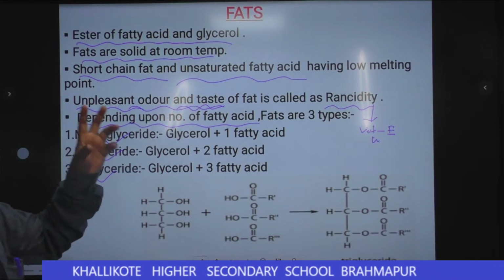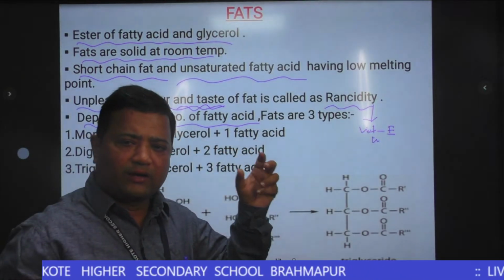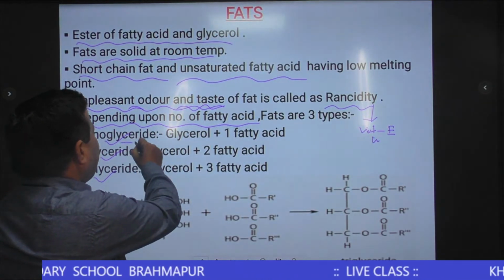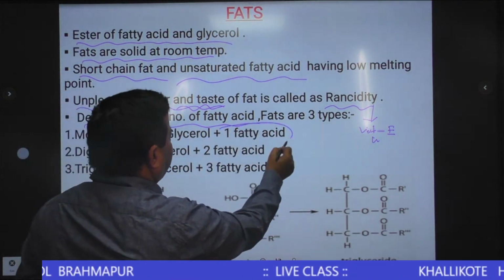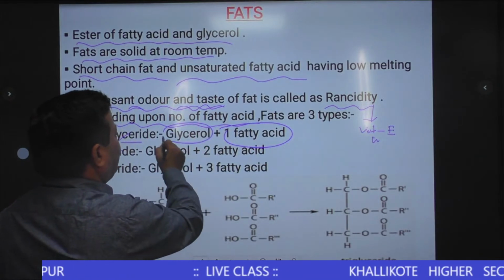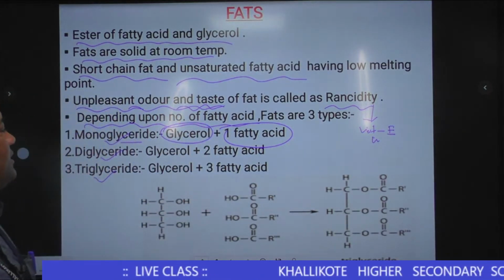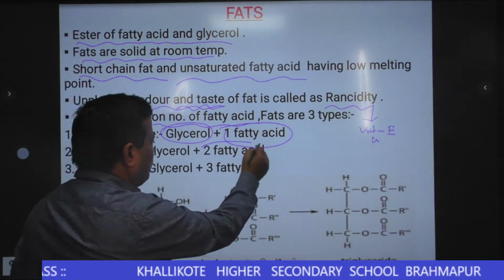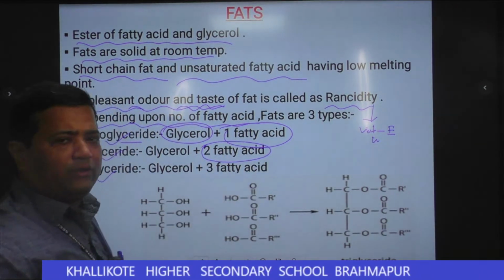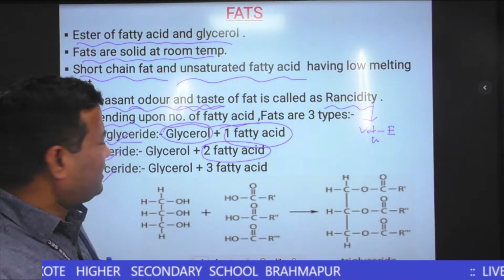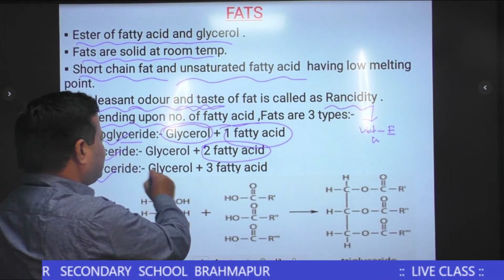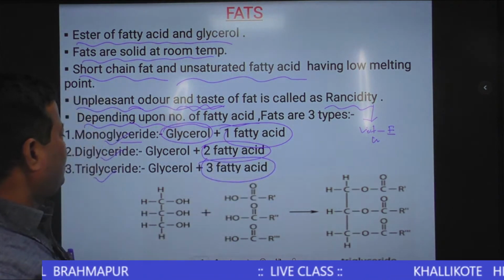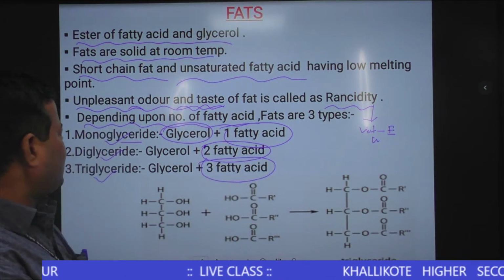If a single fatty acid is present with the glycerol, that is called monoglyceride. Similarly, when two fatty acids combine with glycerol, that results in diglyceride. Same when three fatty acids combine with glycerol, that results in triglyceride.